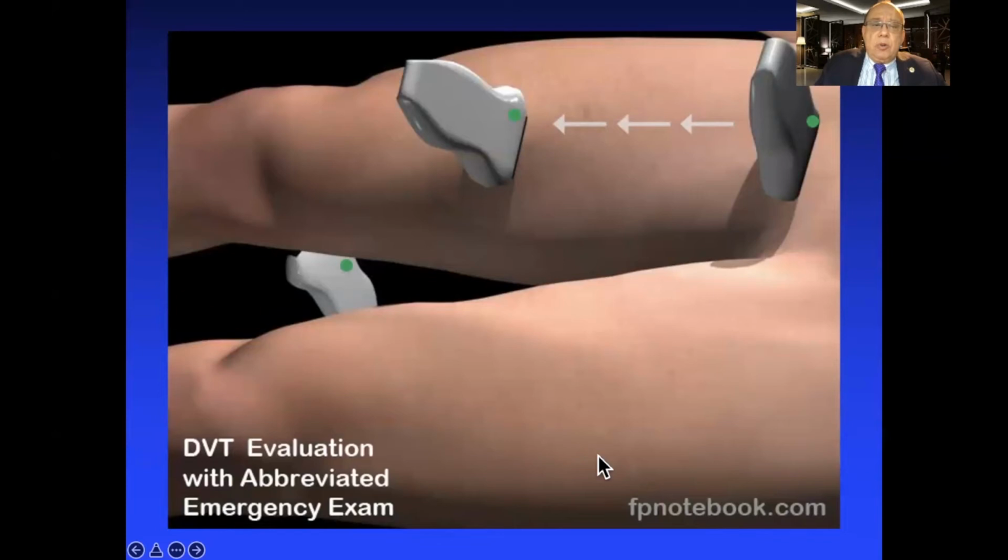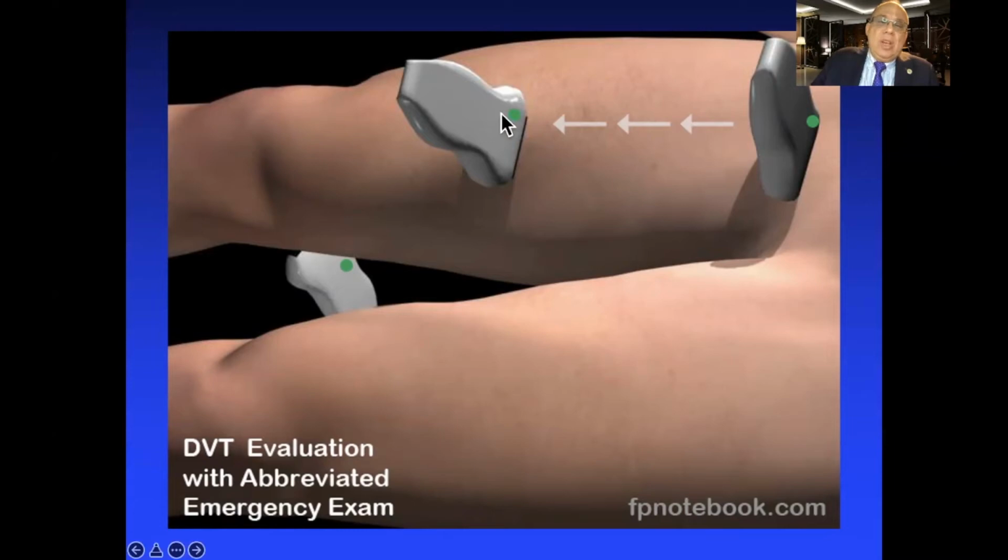Here in this picture, we can see where we have to place the probe, starting in the inguinal region and then going to the middle portion of the thigh and finally to the popliteal. But it depends also on the regulations or the protocols that you have in your labs.